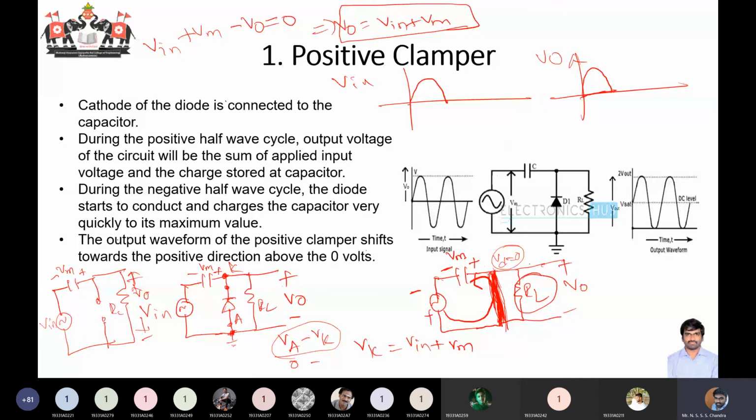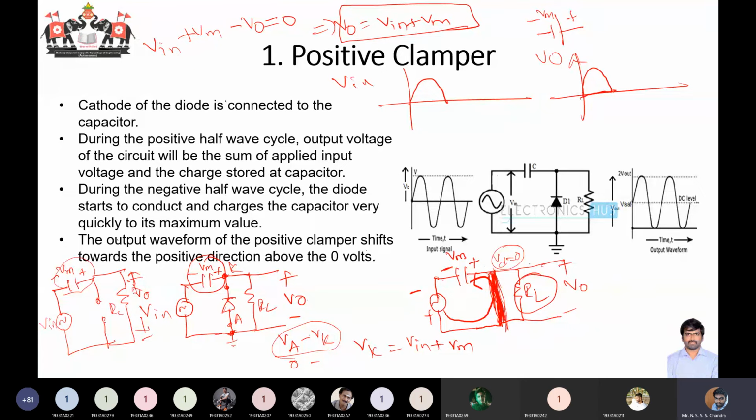For the remaining entire circuit operation, your capacitor will act like a battery. It will no longer act like a capacitor which is going to charge and discharge constantly, because we are taking a large value. Your capacitor behaves like a battery of near constant voltage Vm, because the discharge time is very large.